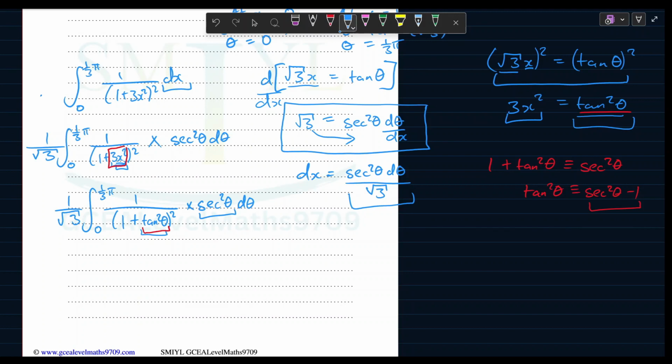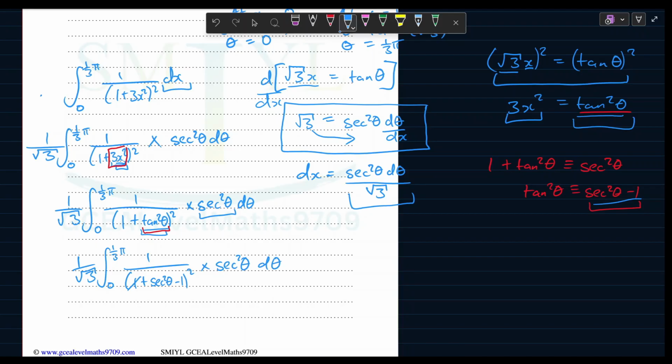So that what we have here is 1 over root 3, the integral from 0 to a third pi of 1 over, this is 1 plus, and we're replacing our tan squared theta with sec squared theta minus 1. So plus sec squared theta minus 1, and this is squared times sec squared theta d theta.